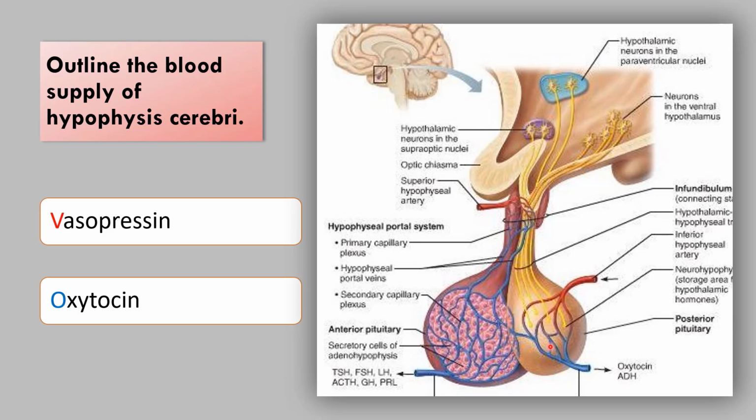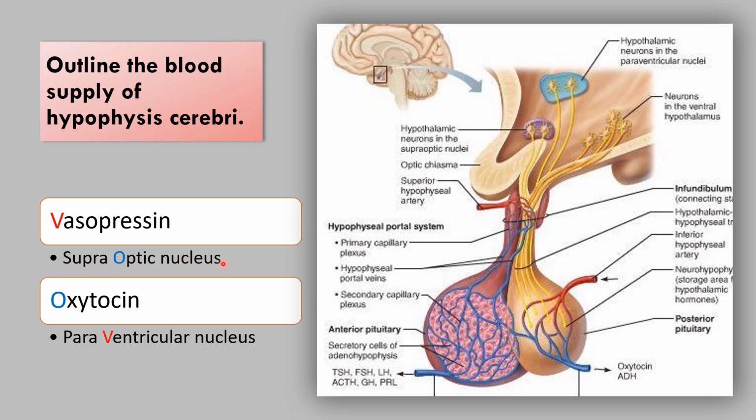Vasopressin and oxytocin are secreted by the neurons. They flow through axoplasmic flow and are stored in the axonal terminal buttons, and they are released whenever there is need.